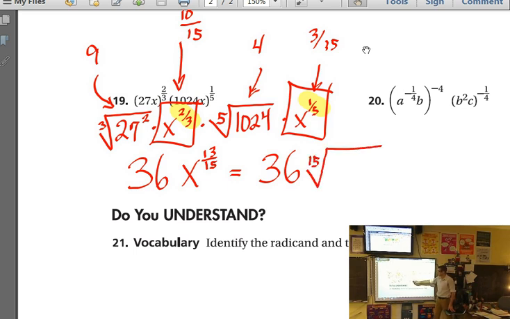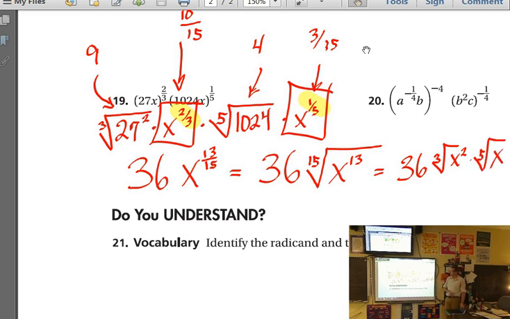It's going to be the 15th root of x to the 13th. If you didn't combine these, since they didn't have common denominators, the key had 36 cube root of x squared times 5th root of x. That's not simplified. That's simplified. I know.